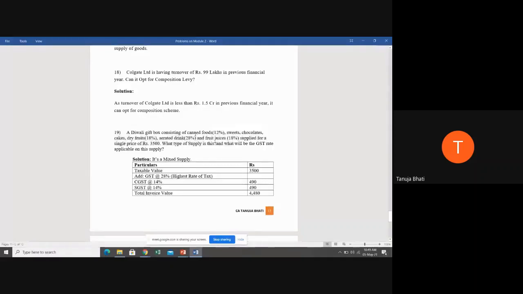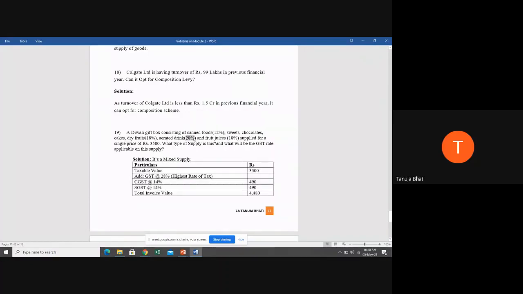Among the combo pack, whichever item is having the highest rate of GST, that will be the rate of GST charged on the entire price, on the entire combo pack. So add GST at the rate of 28%, that is the highest rate of tax. Since nothing is given whether it is CGST, SGST, IGST, interstate or intrastate, we are going to consider it CGST and SGST. So 14%, 14%.